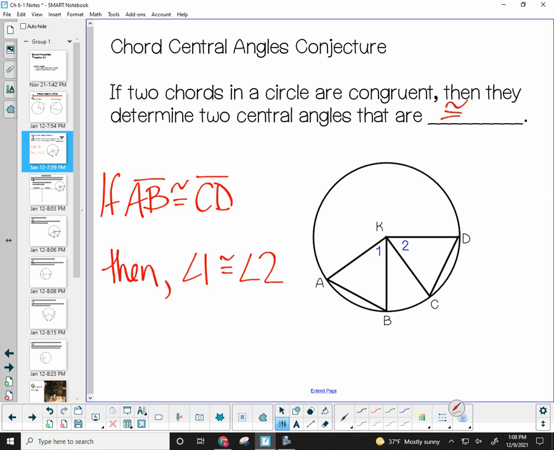All right, so if we have congruent chords, then we have congruent angles.